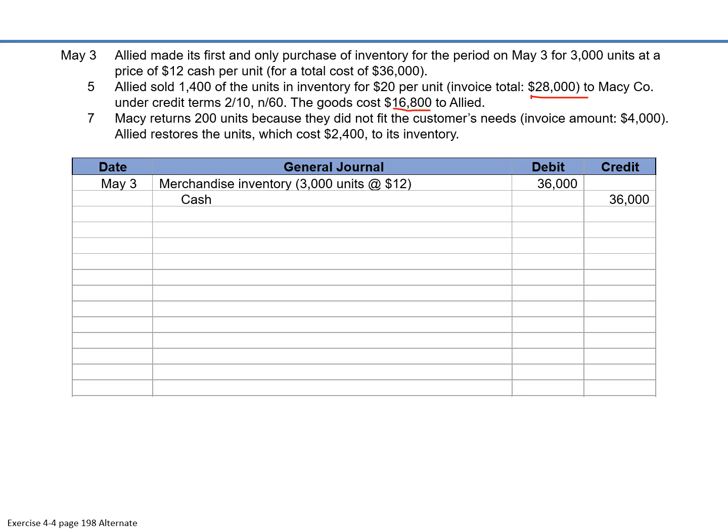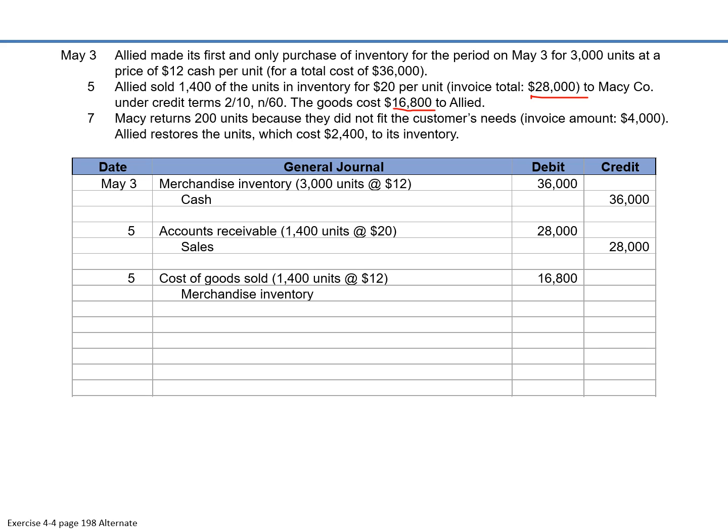But the cost part of our transaction is $16,800. So we're going to record a debit to accounts receivable and a credit to revenue for the $28,000 sale price. And we are going to record cost of goods sold and reduce our inventory by $16,800, which is the cost of the goods that they sold to Macy Company.